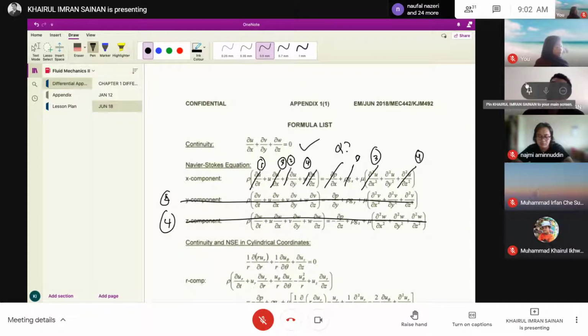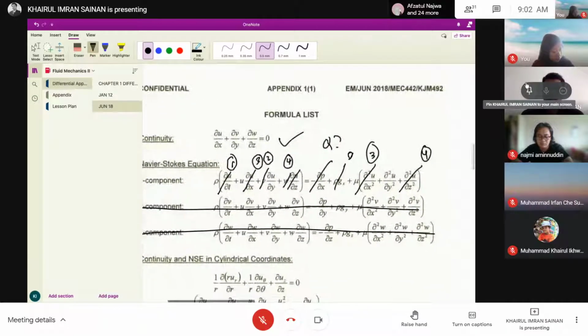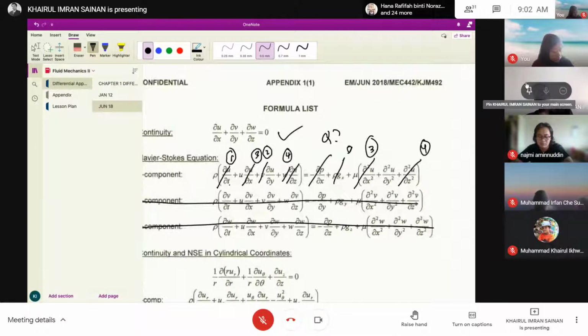You only have a u component, so that's why the y component and z component you totally cancel out, right? So what we need to do is we just solve this x component only. Next is to simplify the Navier-Stokes equation.